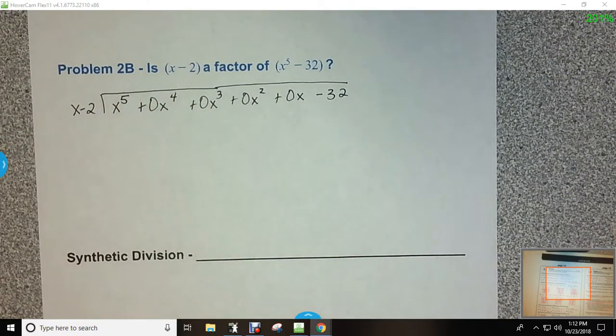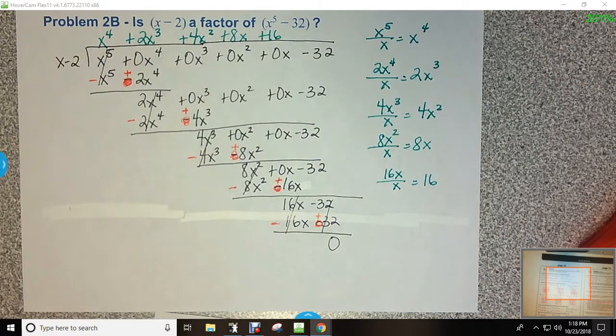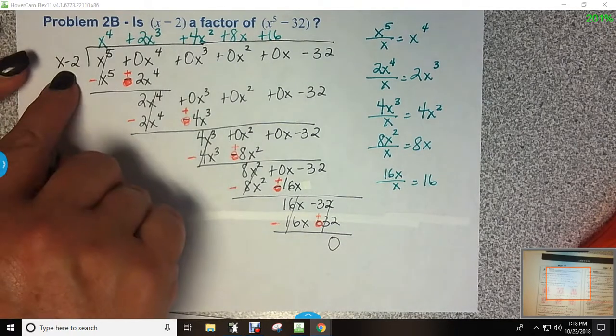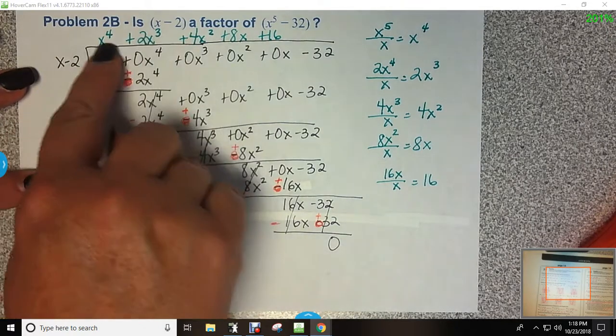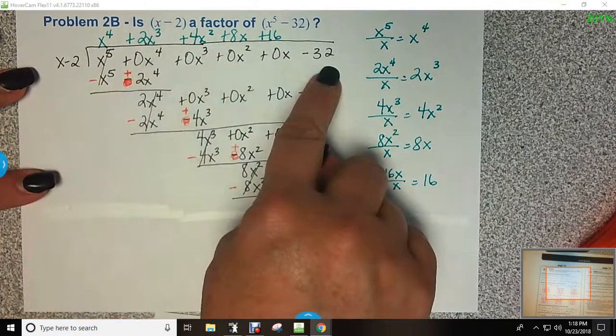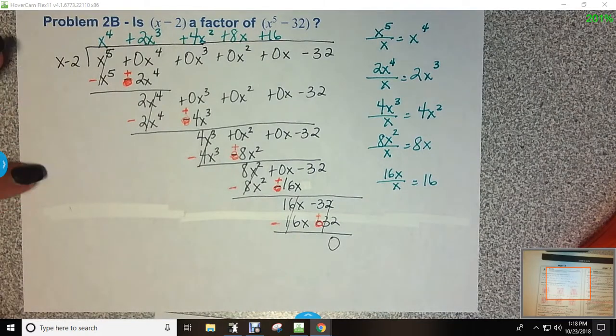So, all right, here you go. Up here the discussion was, if you take x minus 2 times what's on top of the house, it's going to give me what's under the house, which is just x to the 5th minus 32. But here's the next step to this.